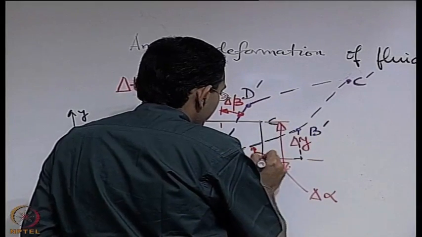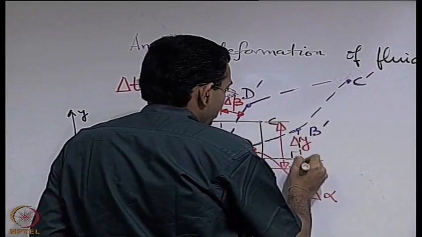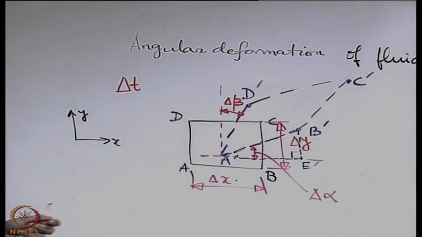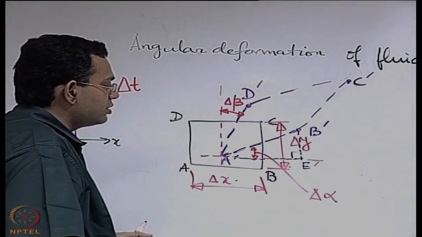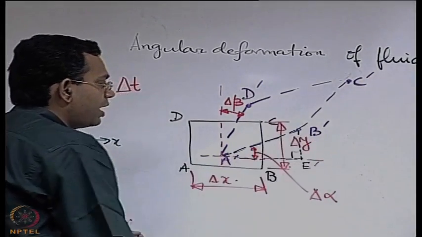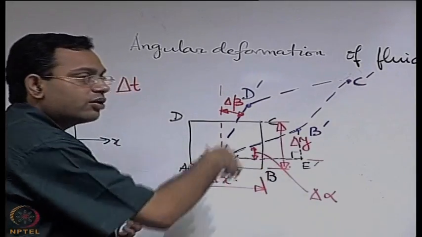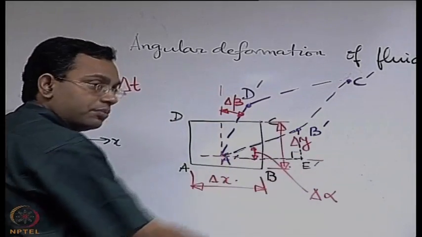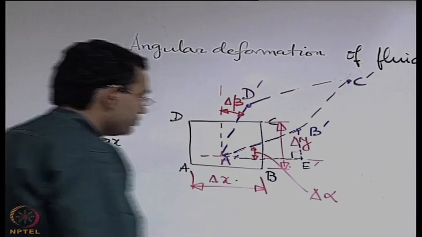So, if you think of a right angle triangle like this, maybe A prime, B prime, E prime. This right angle triangle is important because if you know what B prime E prime is, then you may possibly be able to express delta alpha or tan of delta alpha in terms of that and A prime E prime. So, let us try to figure out what is B prime E prime, that is the next objective.